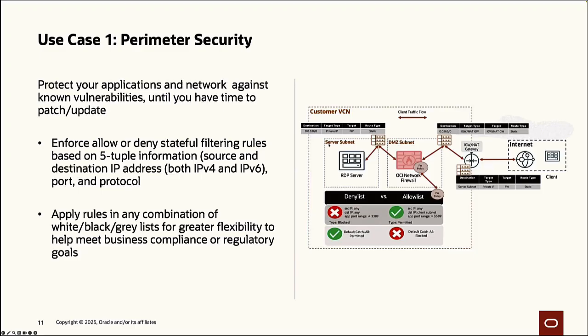In this example, the OCI network firewall is deployed in an allow list, deny list model. You can see that the requests for the remote desktop protocol, RDP, on the server are permitted and the rest are denied.